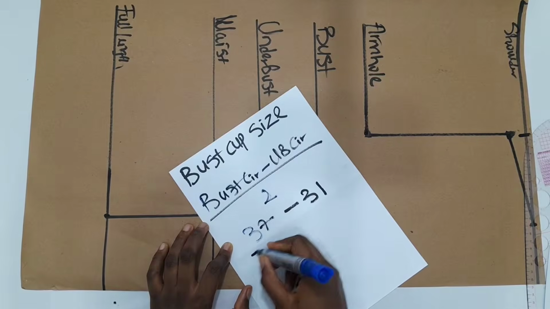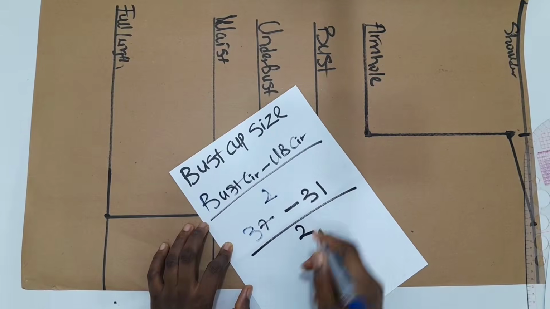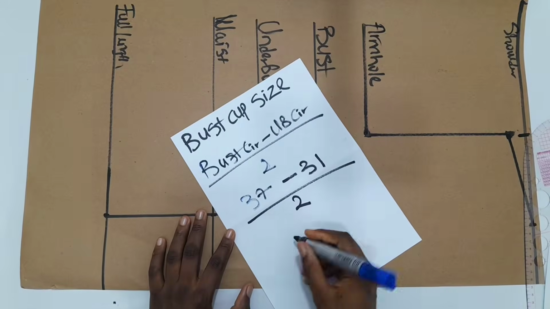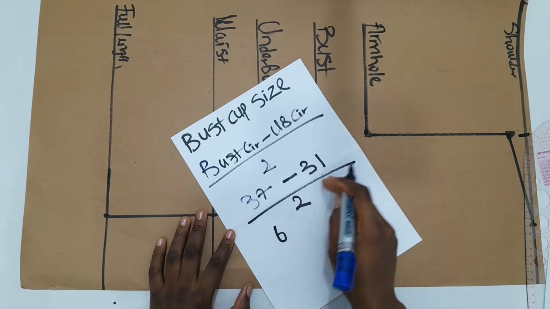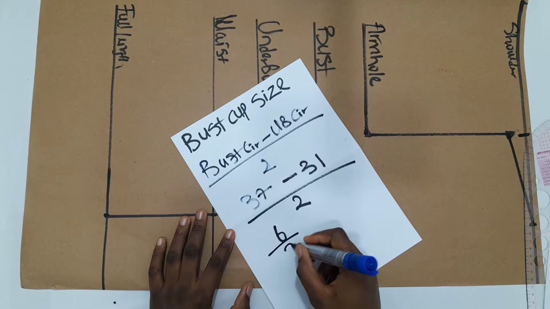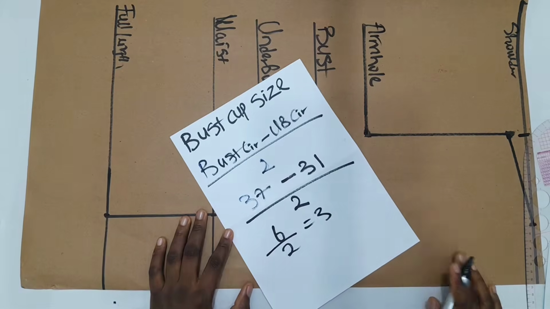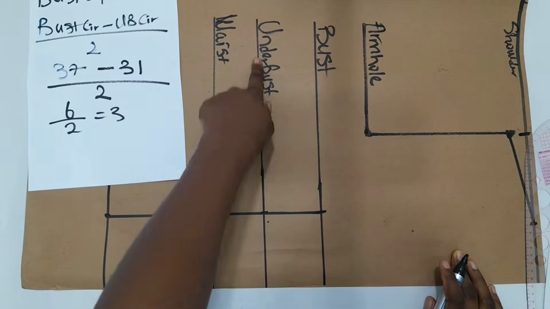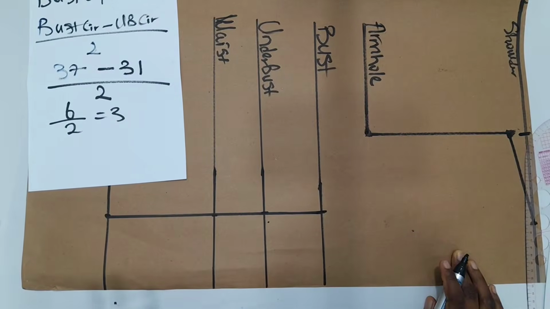Now I'm going to divide this by 2. So 37 minus 31, that is 6, and 6 divided by 2 gives me 3. So what I'm going to do now is that with this measurement, I will distribute it along my under bust line.